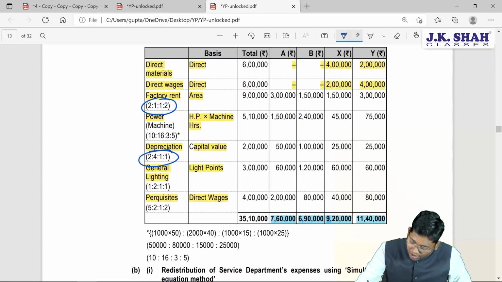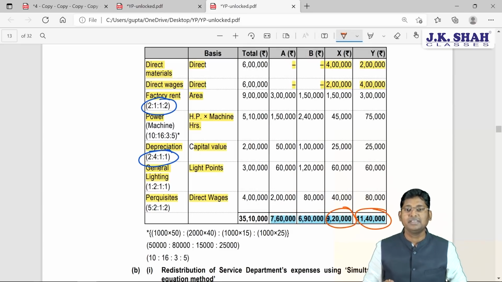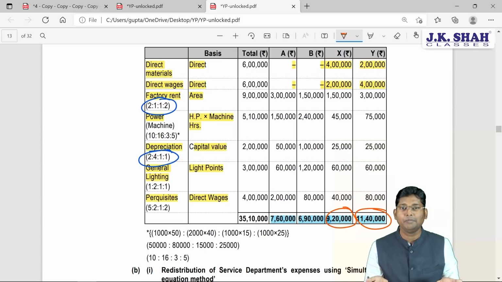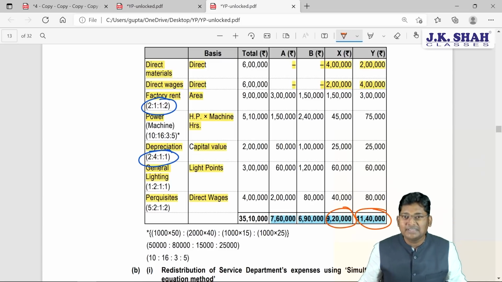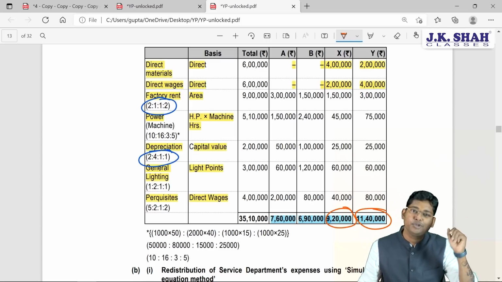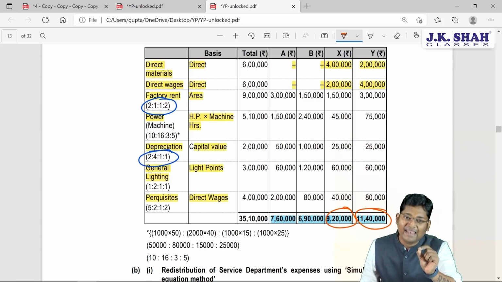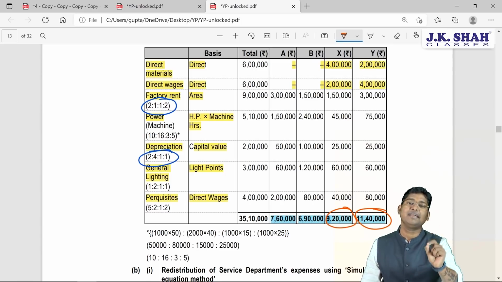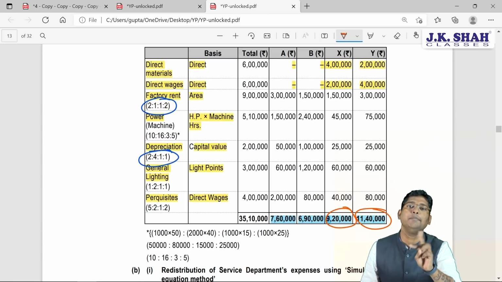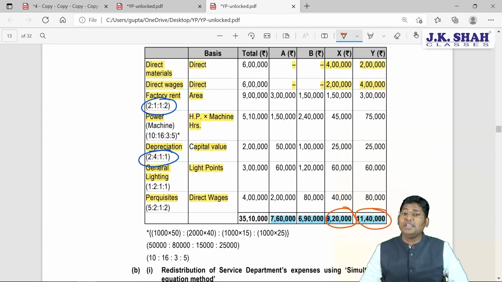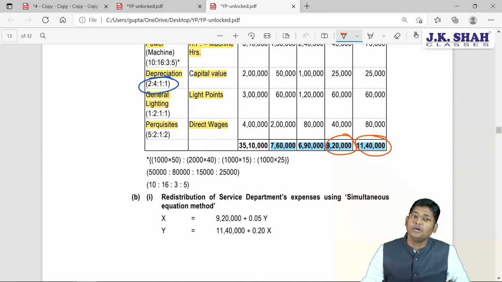According to our discussion, we can conclude one thing, that service department expenses are not incurred for the service department. They are indirectly incurred for the production departments only. Your service departments are rendering services to production departments. So these values of 9,20,000 and 11,40,000 we should reapportion between A and B, and for that purpose various methods are given in the question.